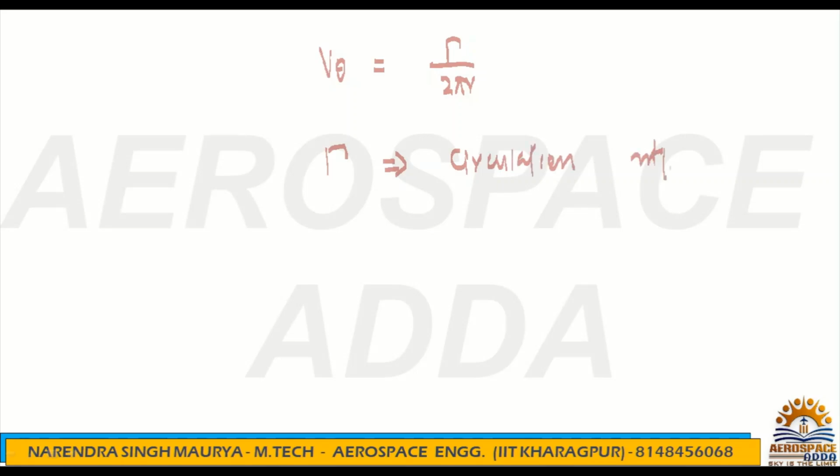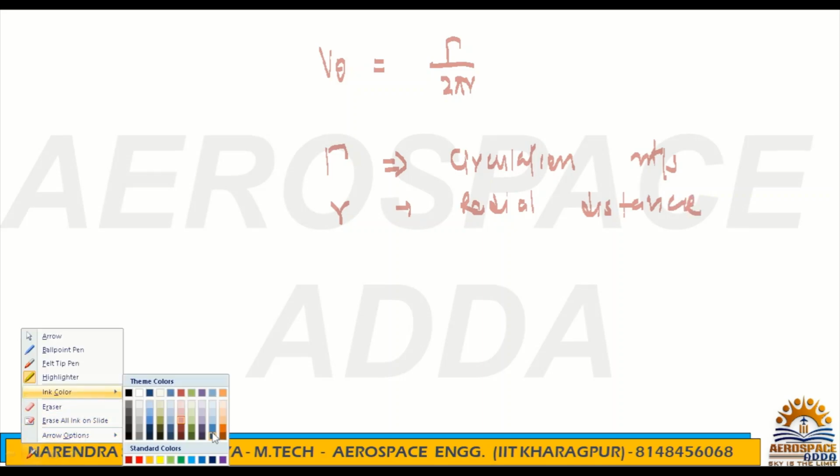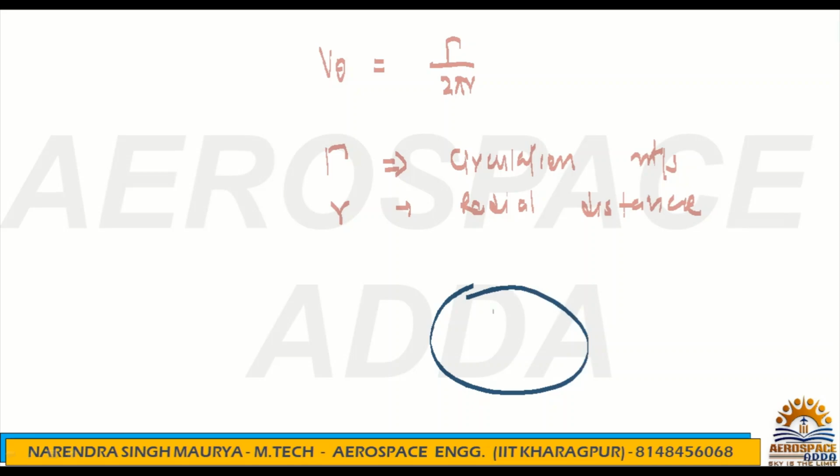where gamma is the circulation, whose unit is meter square per second, and r is the radial distance. The meaning is very clear. Suppose about a point we have a circulation, and the circulation is gamma.